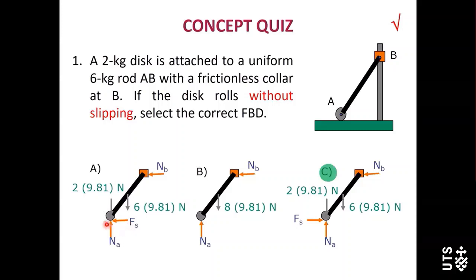Two steps. Firstly, we assume no friction force between this disc and the contact surface. Then what will happen? This disc will be moving to the left side like a block. It will be a translation.